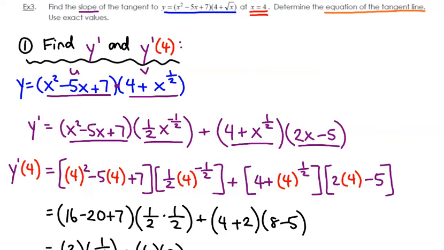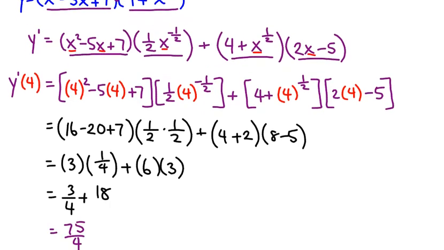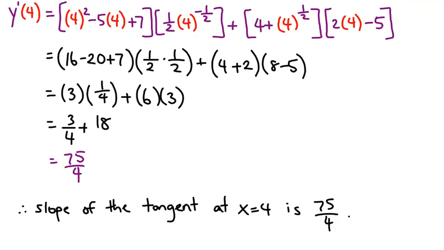Put 4 into wherever you see an x. So all of these x's right here, you're just going to put 4 in right away because I want the slope when x is equal to 4. Like I just want a number.